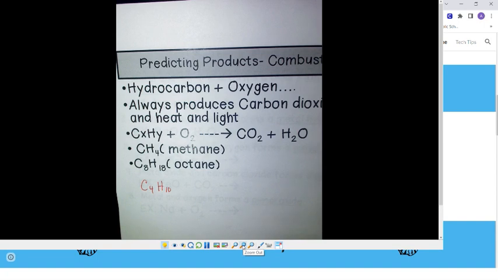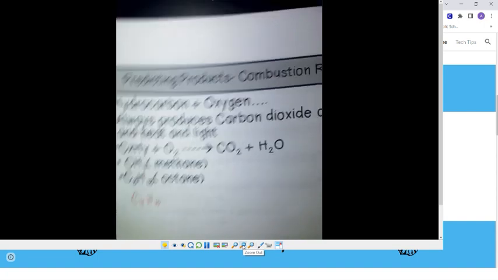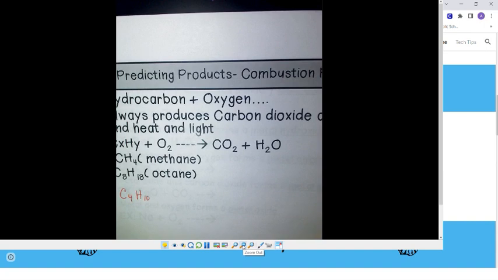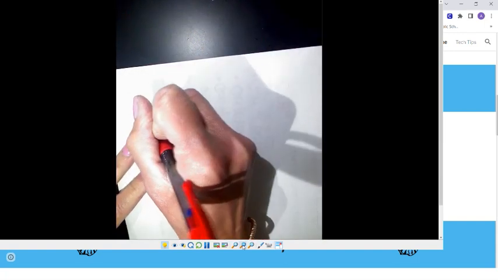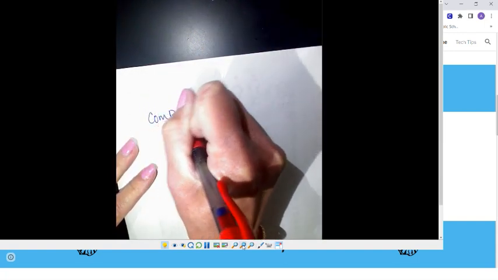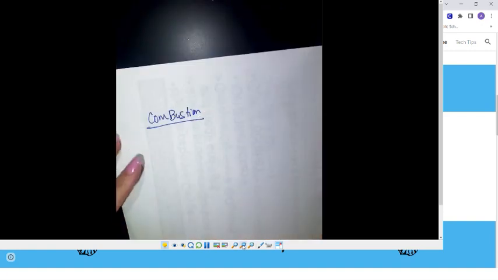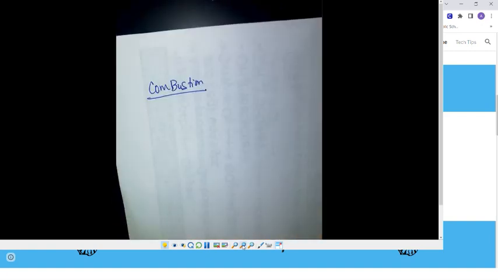Okay, so we are going to start with combustion reactions. So our first one is a combustion reaction. We are going to be predicting products, okay?